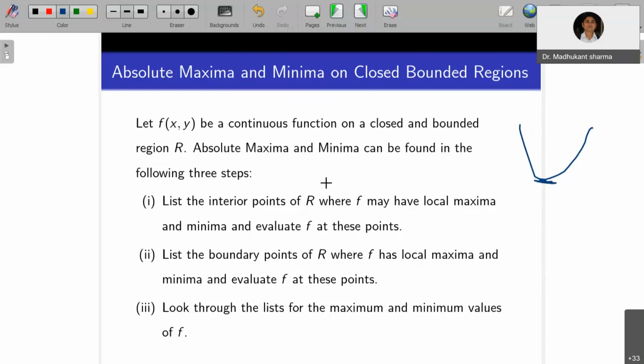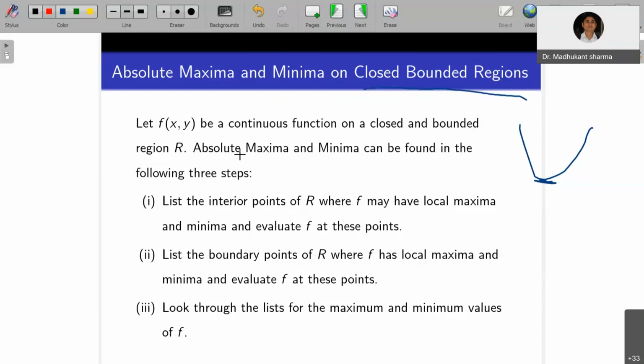That point will have the absolute minimum, but we can't always take unbounded regions. So for talking about absolute maxima and minima, we are certainly talking about a closed and bounded region. That's the very first thing.